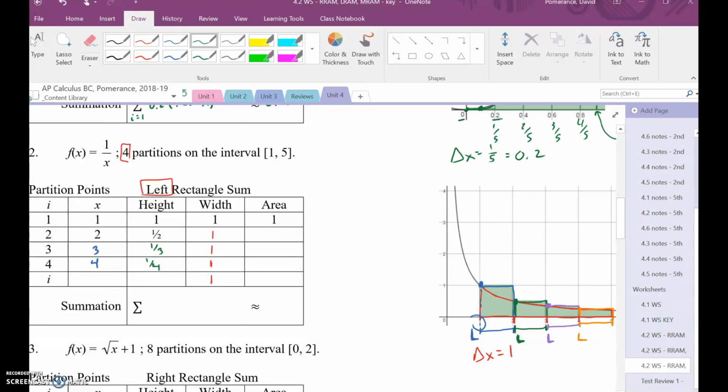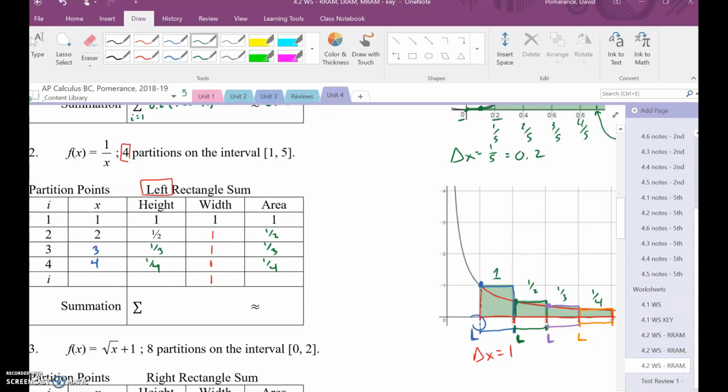So those are the heights of our rectangles, the height of 1, height of 1/2, height of 1/3, and the height of 1/4. Since the widths are all 1, in this case, those fractions are also the areas. 1 times 1 is 1, etc.